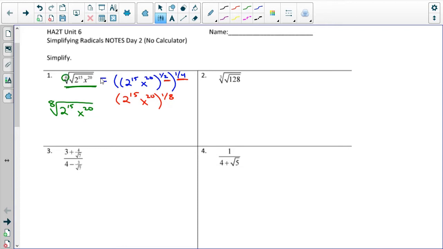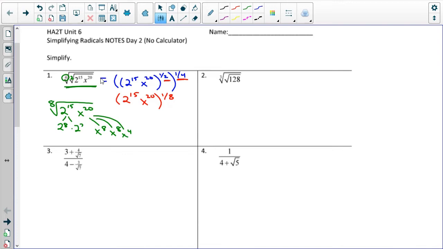So if I have the 4th root and the 2nd root, I can turn it into the 8th root. So if I look at this, this is 2 to the 8th and 2 to the 7th. And I have x to the 8th, x to the 8th, and x to the 4th.